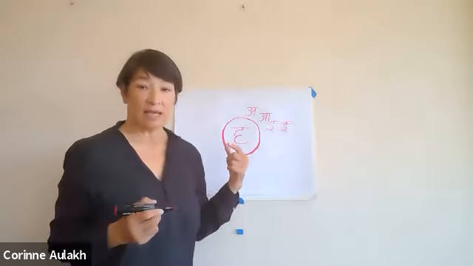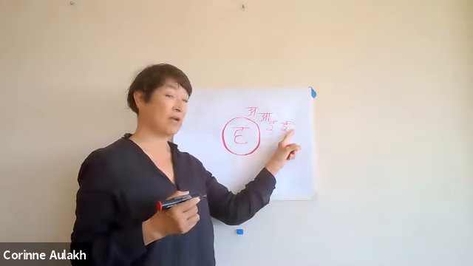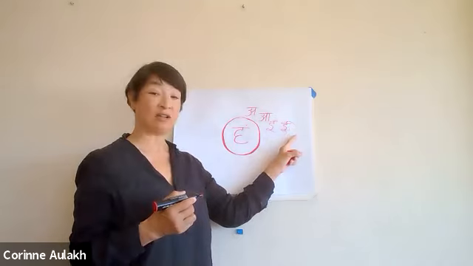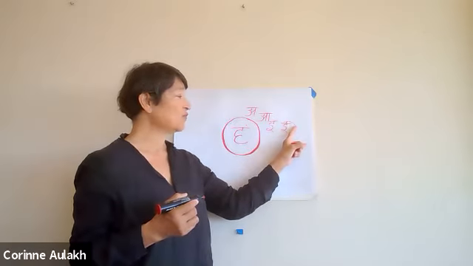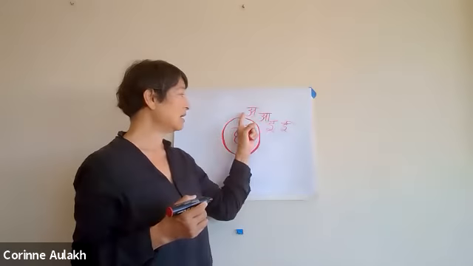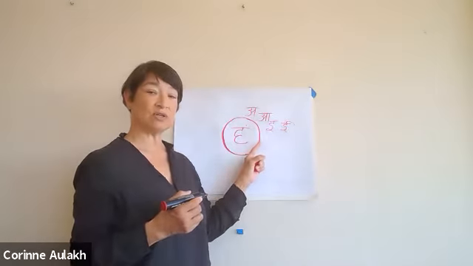So, for students of Hindi or Sanskrit, when we have a consonant following and we see this form, we know that it's an E sound.